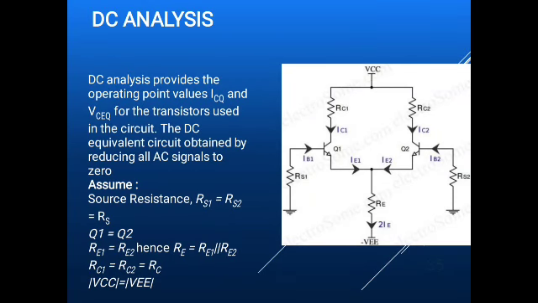When you are going for DC analysis, we have to find out the values of VCEQ and ICQ. For DC analysis, you have to open circuit the capacitors, and if any AC source is there, that should be eliminated. Assume RS1 equal to RS2, that is equal to RS, and your Q1 is identical with Q2, and your emitter resistance RE1 equal to RE2, that is equal to RE.